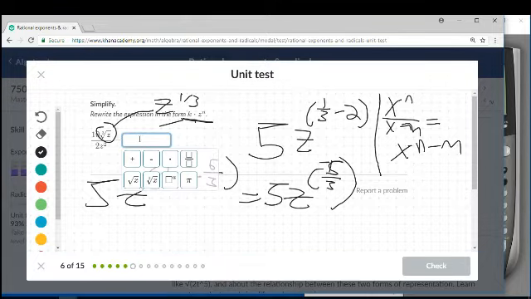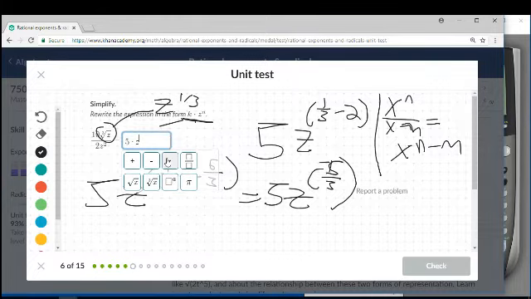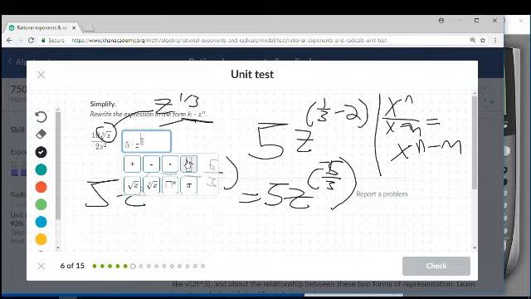So that's going to be 5 times z to the negative 5/3.